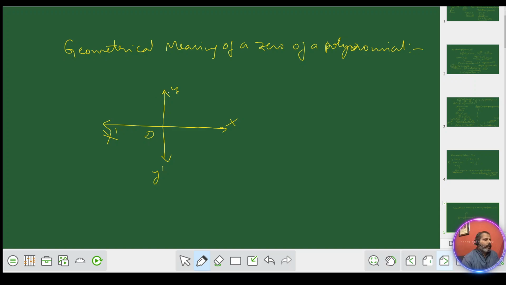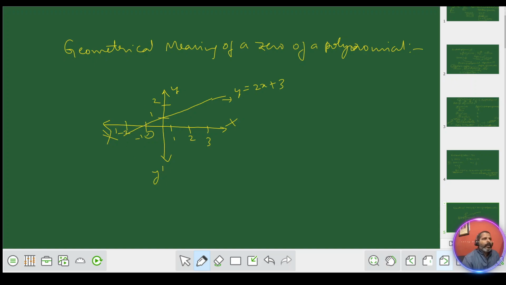If I draw some line which represents some expression, we don't know that expression. Let's say this line represents y equal to 2x plus 3. We are not sure, but we assume it. Here, I mark 1, 2, 3, then 1, 2, minus 1, 2, minus 2.